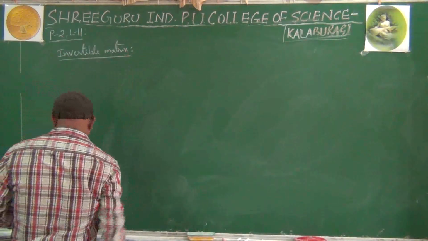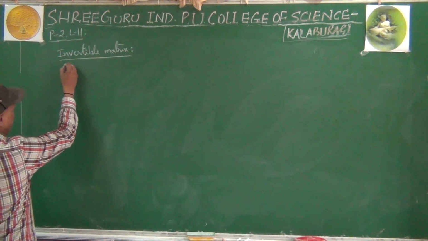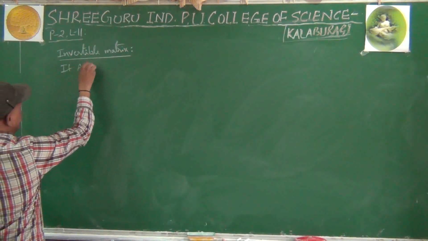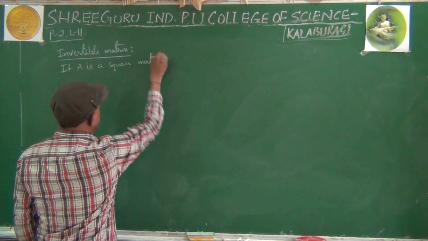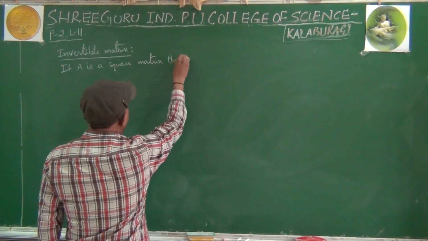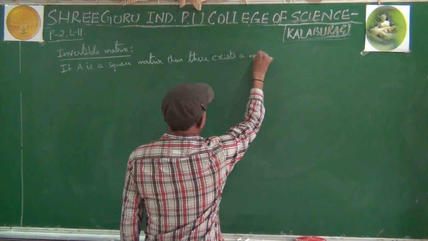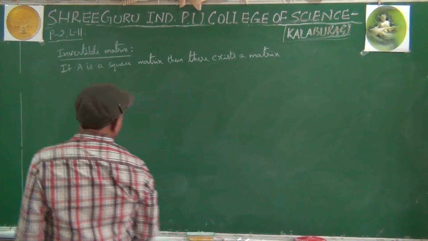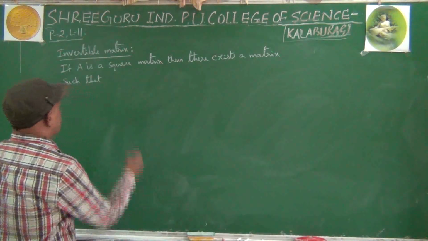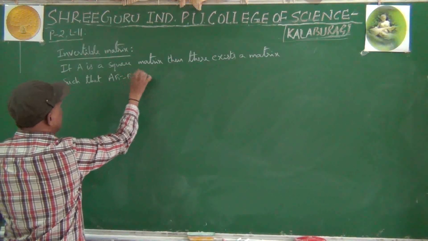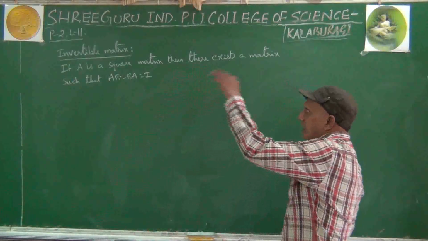Invertible matrix. The definition is: if A is a square matrix, then there exists a matrix B such that AB equals BA equals I. If A is a square matrix, then there will be one matrix.